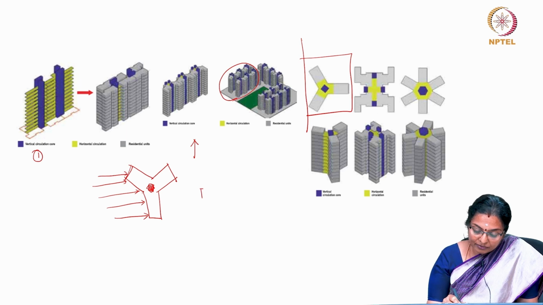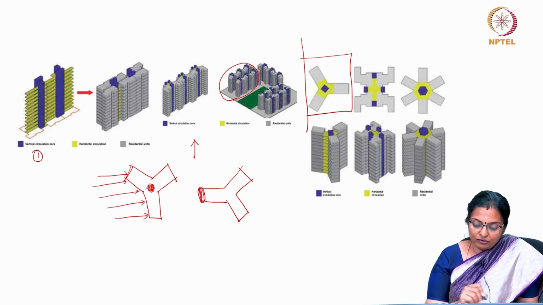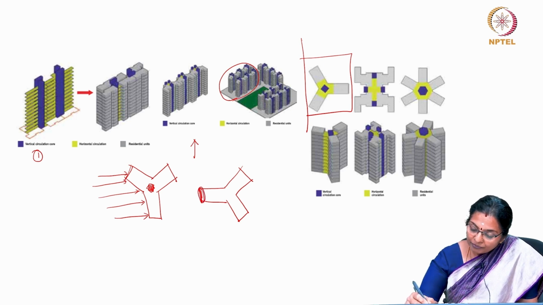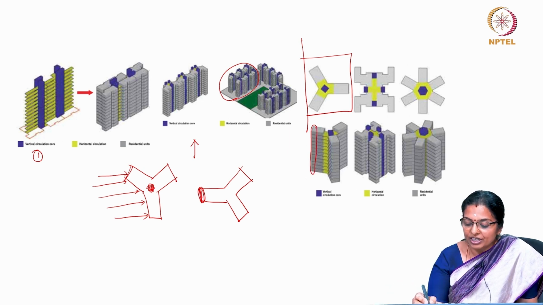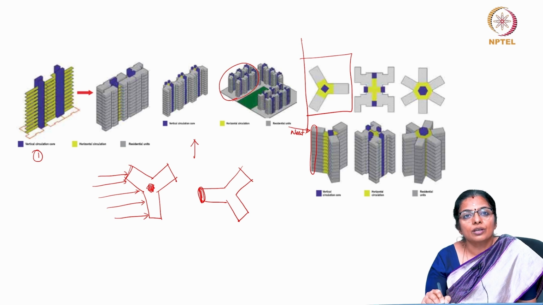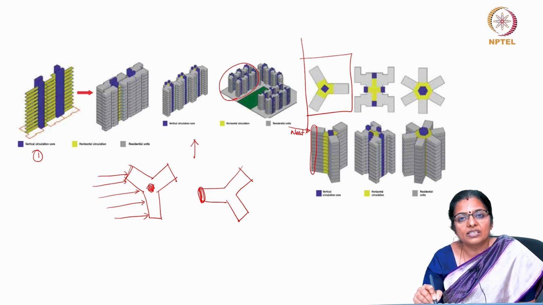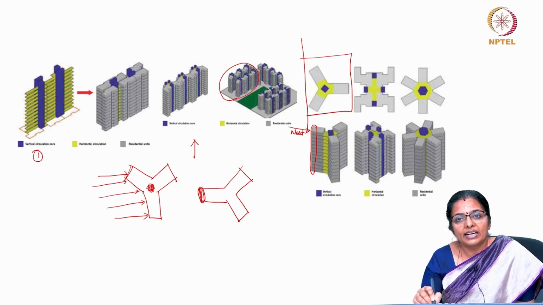If this planform were to be oriented like this, then this entire surface and therefore all the houses along this particular orientation, if this was the west, would suffer so much. So, you need to consider all that and then take a call.